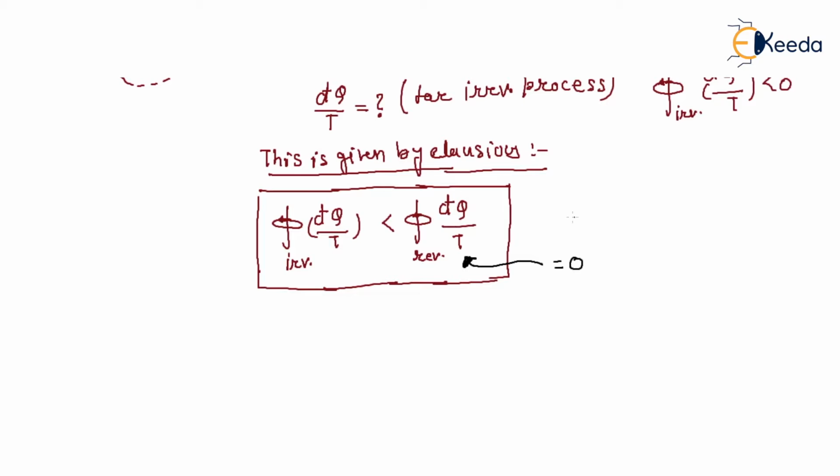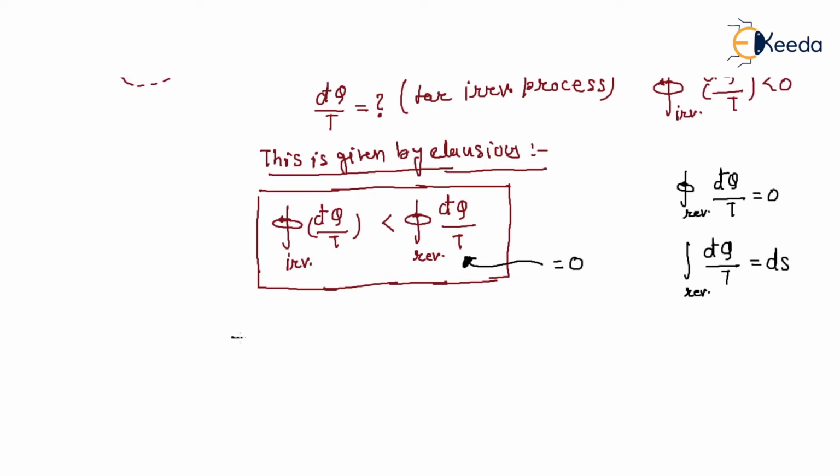Why? Because we know that for a reversible process, the cyclic integration of dq by T is equal to 0, since the cyclic integration of dq by T for a reversible process is equal to ds. We already know that.